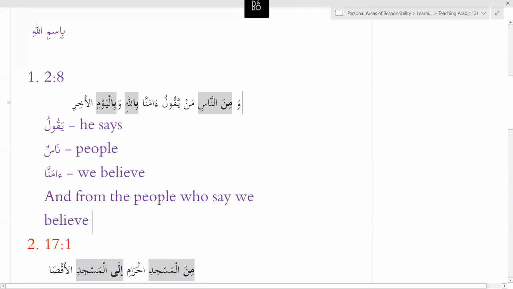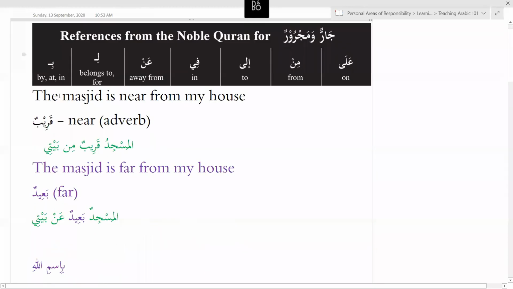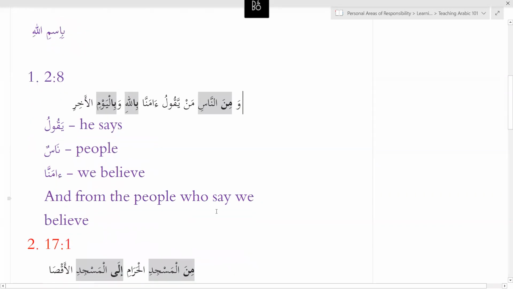Billahi. What is the meaning of B? Bismillah. What is Bismillahi? In Allah.